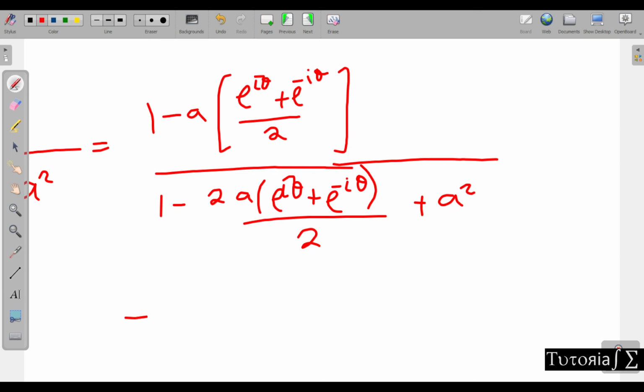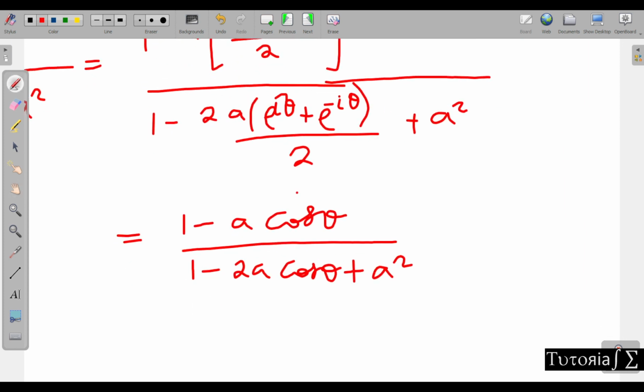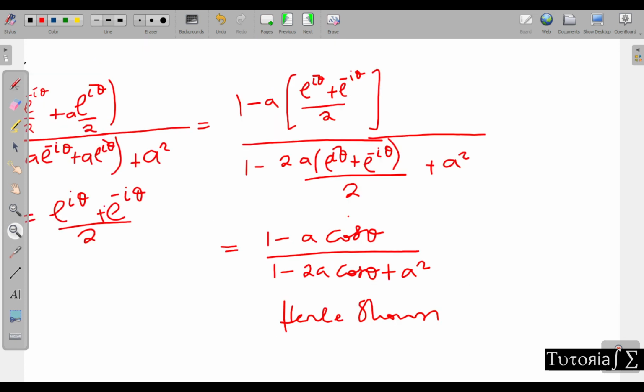So finally, 1 minus a cos theta all over 1 minus this. This here is cos theta again, so which is 2a cos theta plus a squared, hence shown. Hence shown.